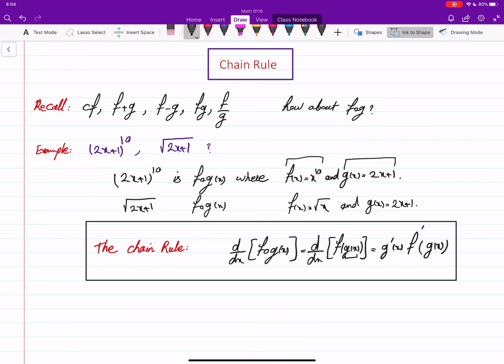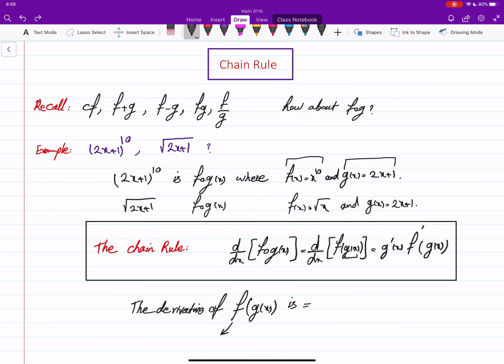To be able to handle all those cases, I would suggest you read this chain rule as this: the derivative of f of g(x) is equal to... You see, of f and g, one of them you can take as the outer function and the other as the inner function.